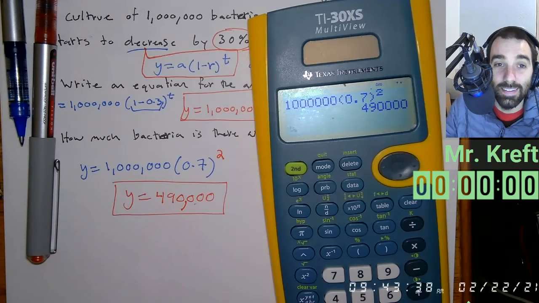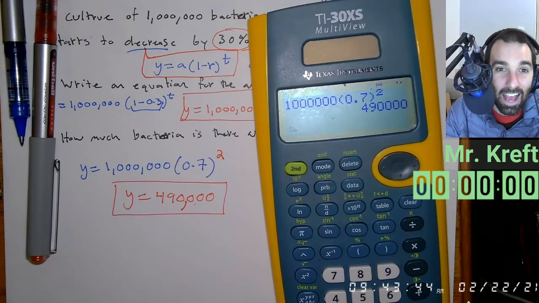So it's a little bit less than half of what we originally had. I mean, a little bit more than half, right? Okay, that's a weird English thing.